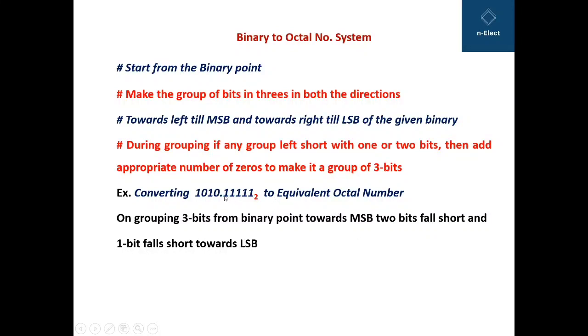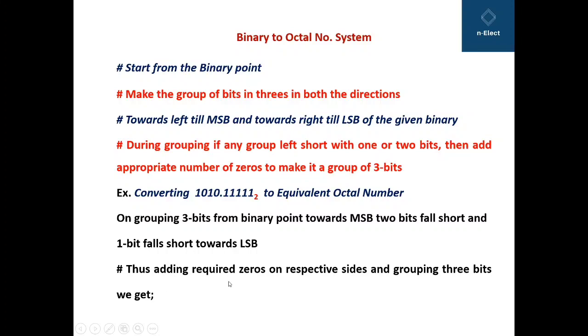On this side, what happens? See, 1 2 3, one group, then 1 2, and 1 bit is short, so you can add 0. So 1 bit falls short towards LSB. Thus, adding the required zeros on the respective sides and grouping 3 bits, we get the number like this. 0 1 0, the same number we have written. 1 was there, we added these 2 zeros and made the group of 3 bits, shown by the arrow.